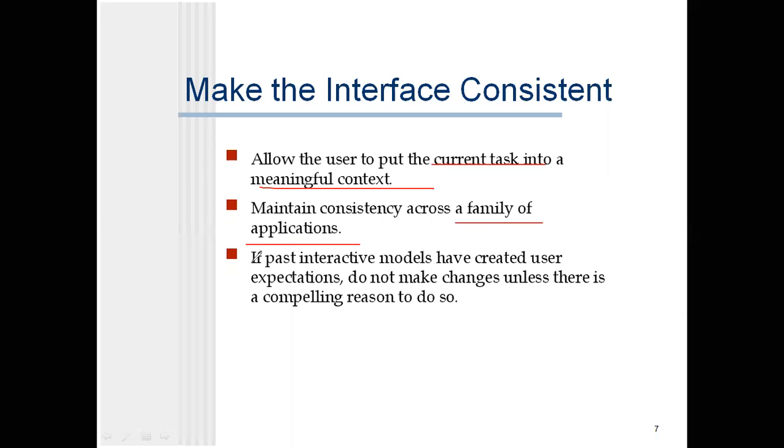Next, the last one is: if past interactive models have created user expectations, do not make changes unless there is a compelling reason to do so. Which means, once a particular user has some olden methods, or is following some step by step process for filling some applications, better that when you develop your interface, you also follow the same rules they are following.